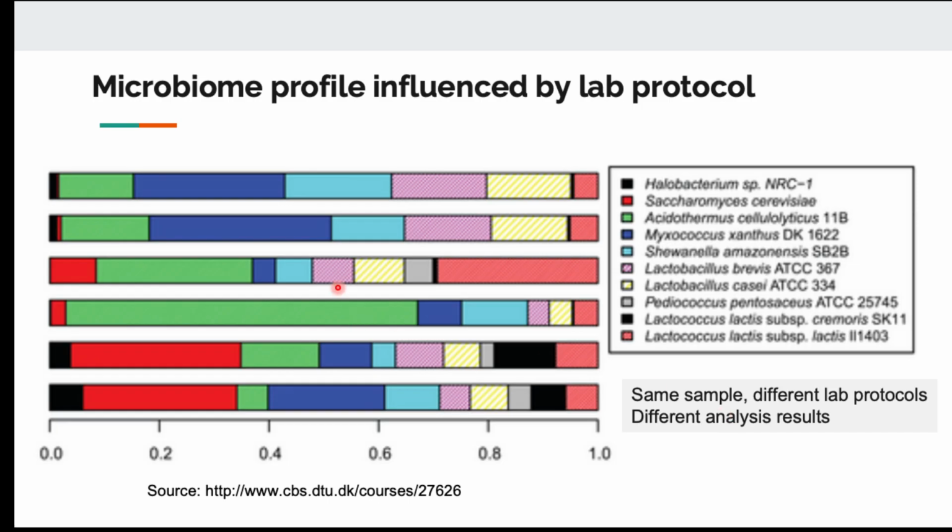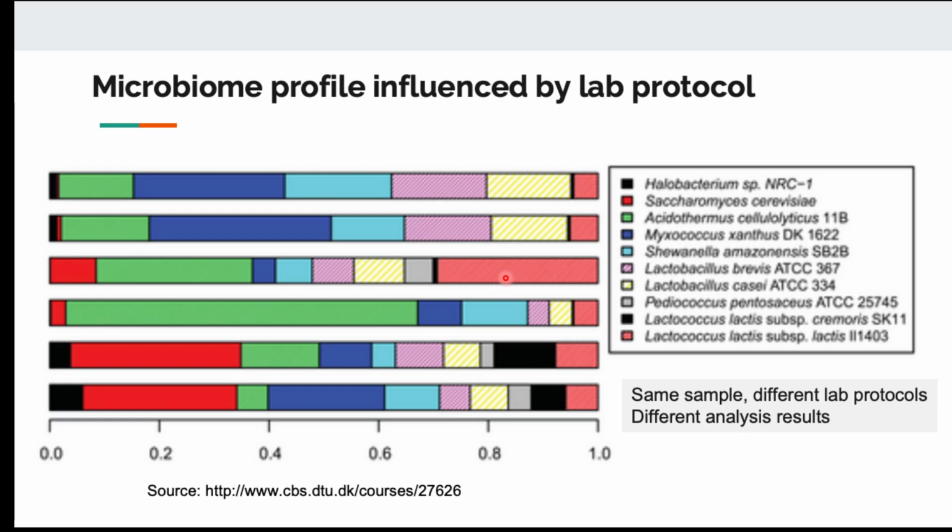So this is a caution if you want to do a meta-analysis by comparing sequencing data from one paper to another paper. You have to be careful. For metagenomics, any small difference can make a big change in the result.